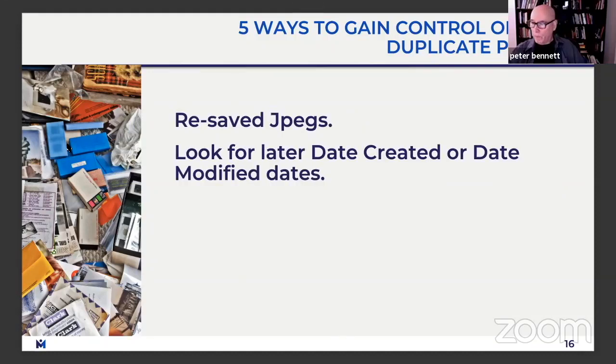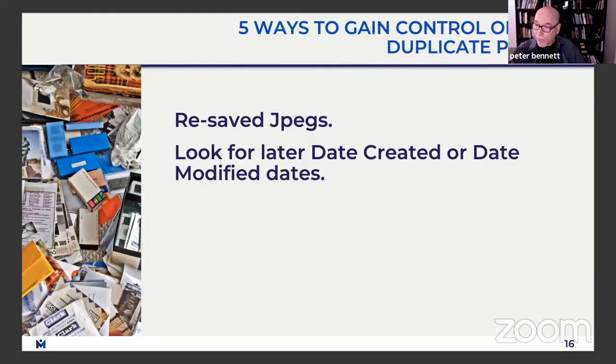Resaved JPEGs. When you resave a JPEG, or sometimes export a JPEG, you're creating an inferior version of it. It can start to become what's called pixelated. Not to get too technical, but this happens because JPEG files are a compressed file format. In order for the file to be compressed and the file size made smaller, actual pixels are thrown away.